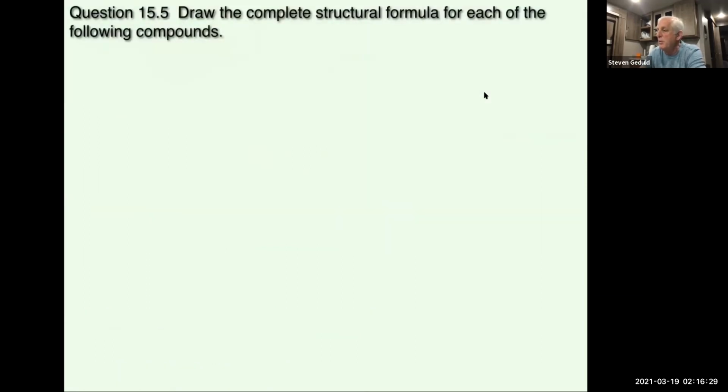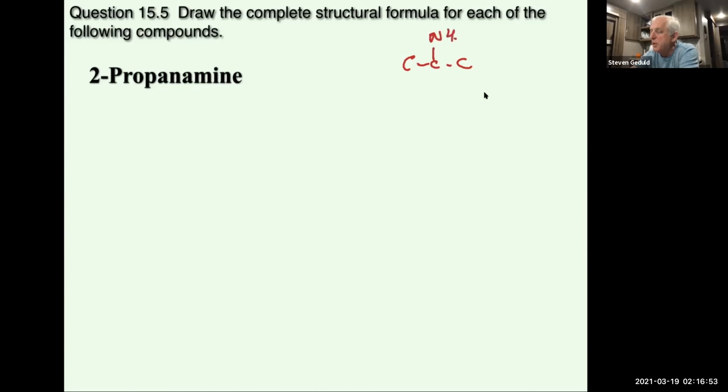Draw the complete structure form of each one of these compounds. All right, now you get to draw it. Okay, so 2-propanamine. Propane is 3 carbons. So put your 3 carbons, and the amine is attached to the number 2 carbon. So find your number 2 carbon and put an amine group there.